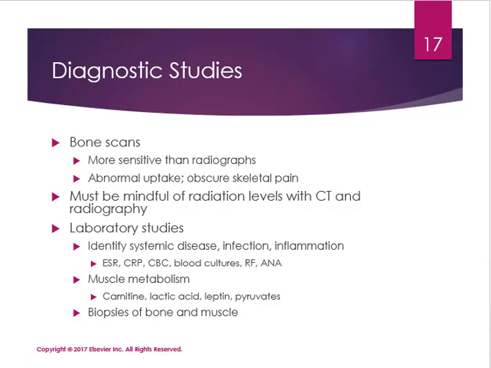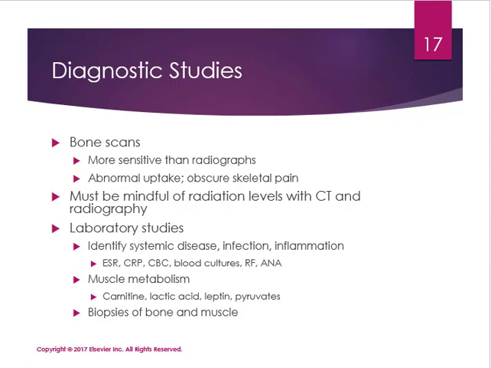You might be doing a SED rate, a CRP, CBC with a diff, blood cultures, rheumatoid factors, and an ANA. If you're more concerned about muscle metabolism, you may check a carnitine, lactic acid, leptin, and pyruvates. And then, if necessary, you could order biopsies of bone or muscle.